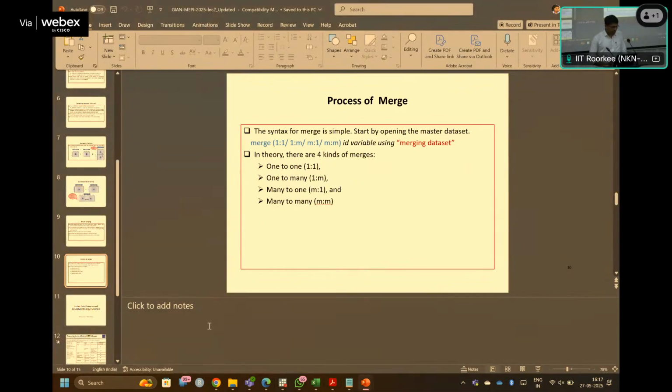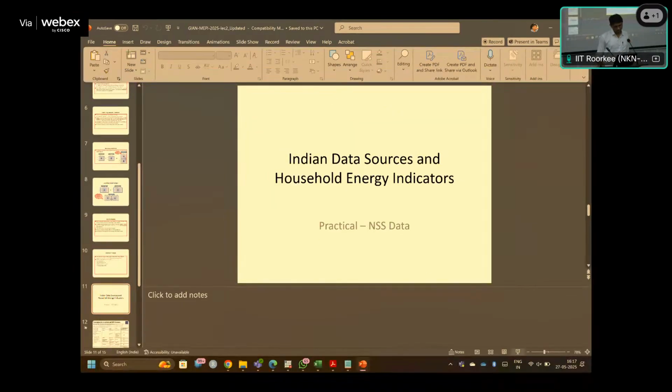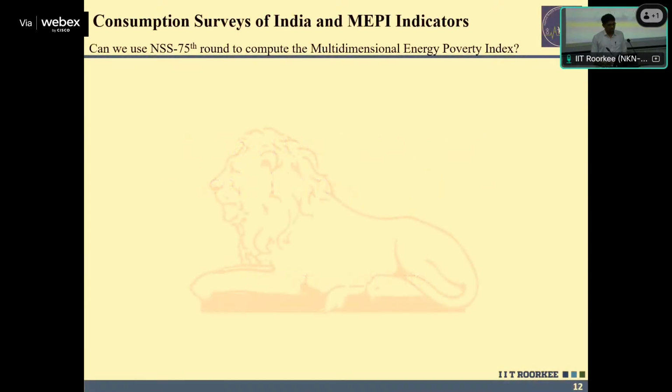So let's proceed further about our indicators for household energy indicators from the Indian data sources. Since I'm explaining NSS data, we check where we can get some of the energy related household energy indicators: the NFHS, the 75th health consumption round, as well as the consumption expenditure round.